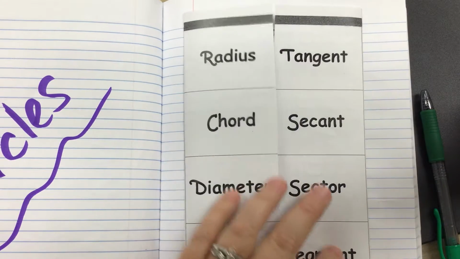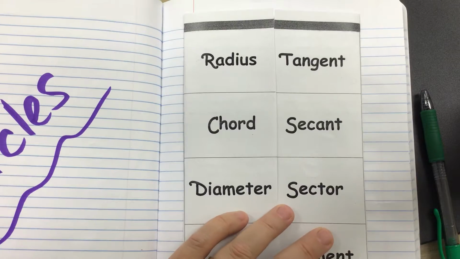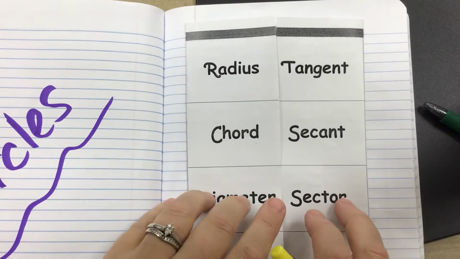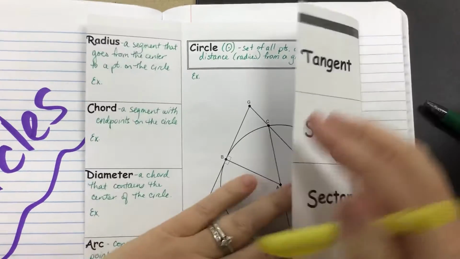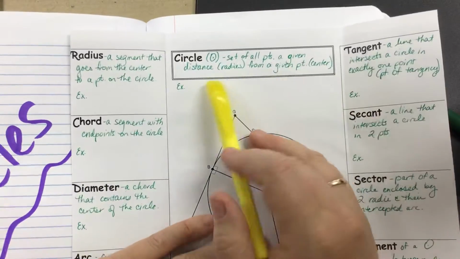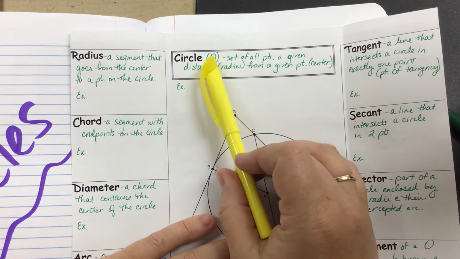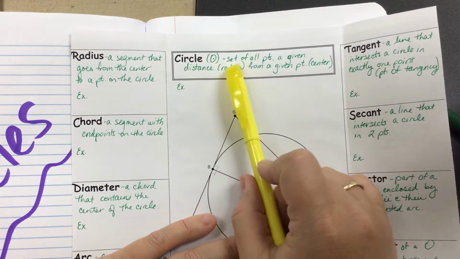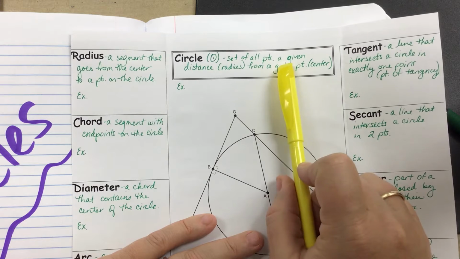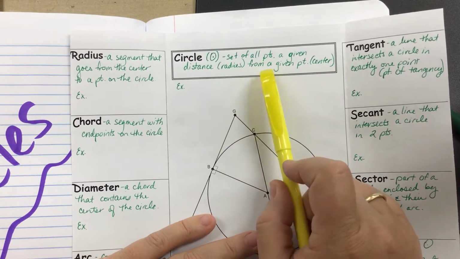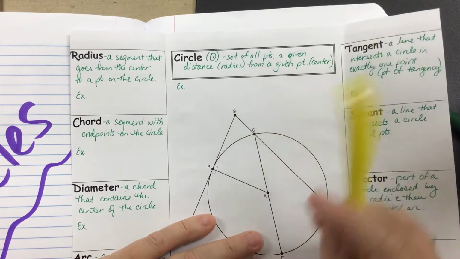If we begin, let's start with circle, since we're talking about circles today. A circle, as you can see here, and this is the symbol we use for a circle. It's like a circle with the center marked here. A circle is the set of all points a given distance, which is your radius, from a given point, which is your center.